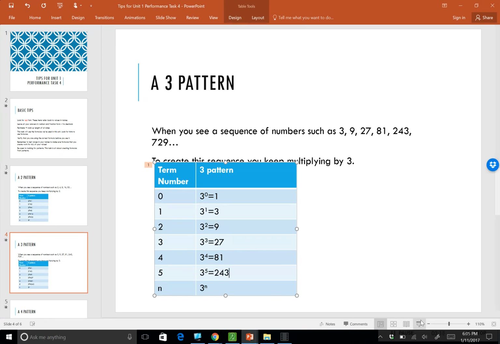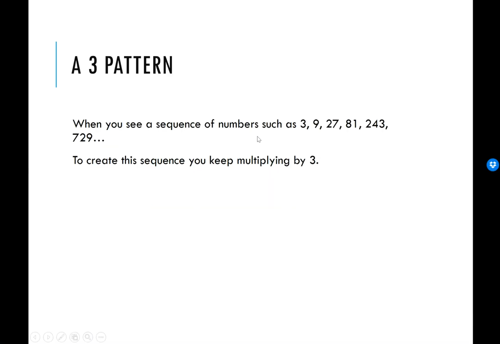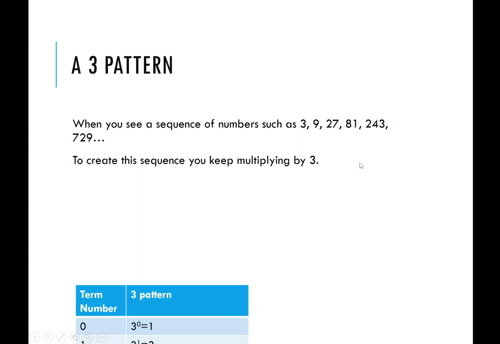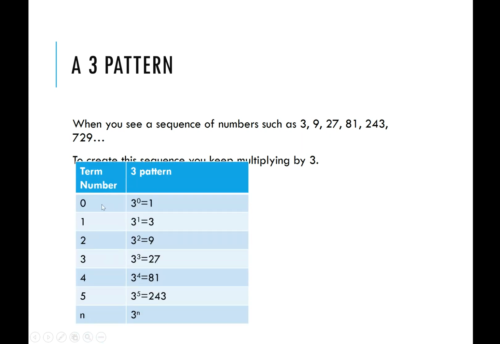So again, we can use this for the 3s as well. So when we see a sequence of numbers like 3, 9, 27, 81, 243, again, we were multiplying by 3s. It's still geometric. All right. And to create it, we do something similar. We do 3, the base number or the ratio, to an exponent, kind of like 3 to the n or n minus 1. And again, the formula we would write in general is 3 to the n.